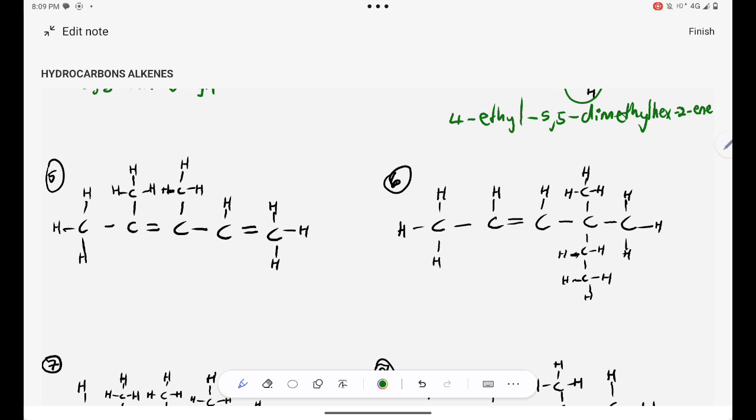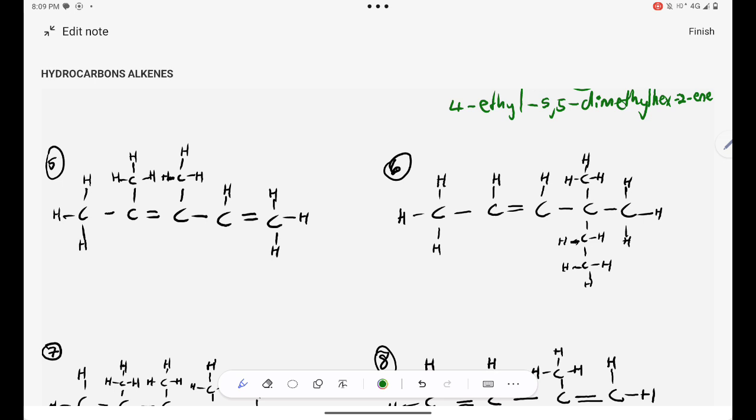Okay, and then for number 5, this will be my parent chain over there, and I must always number my carbons from the terminal which is closer to the double bond. So this will be carbon number 1, 2, 3, 4, and 5.